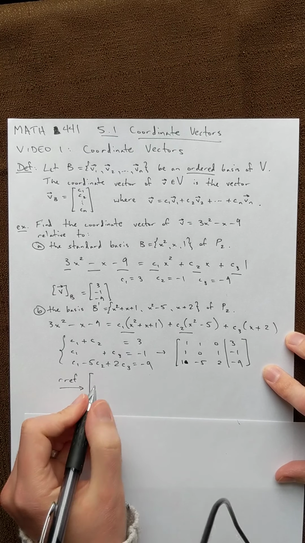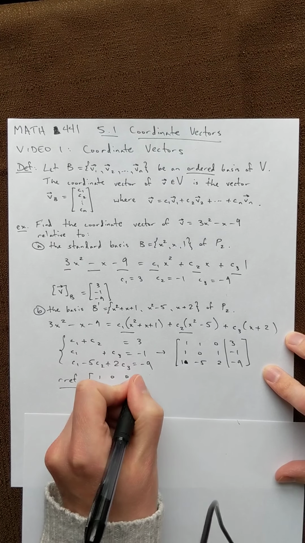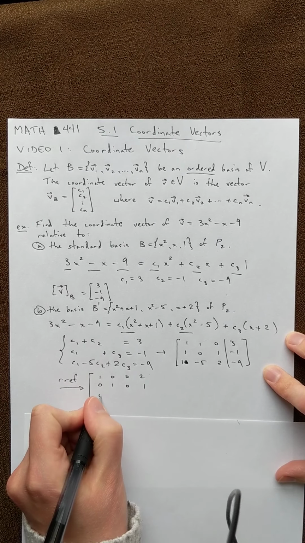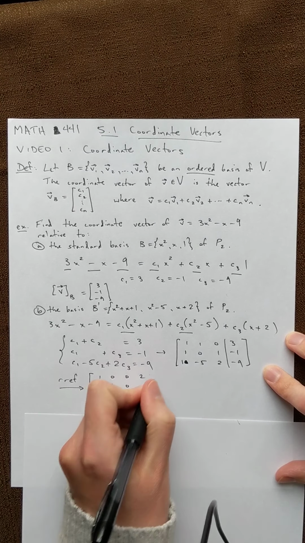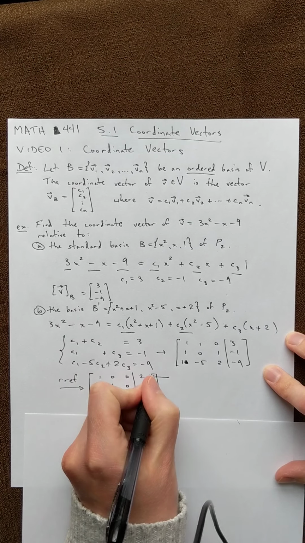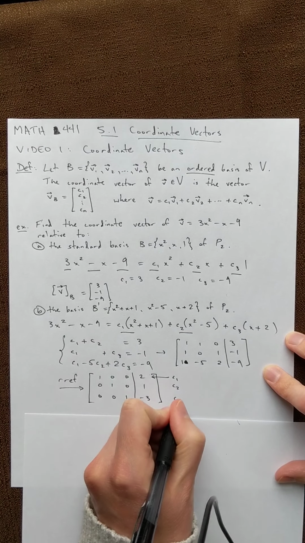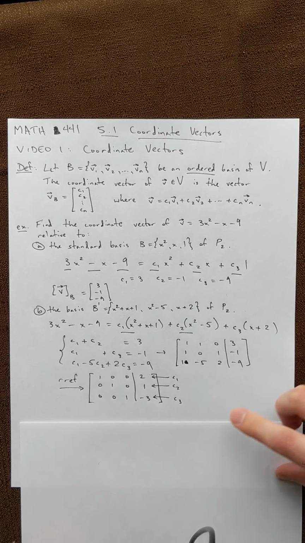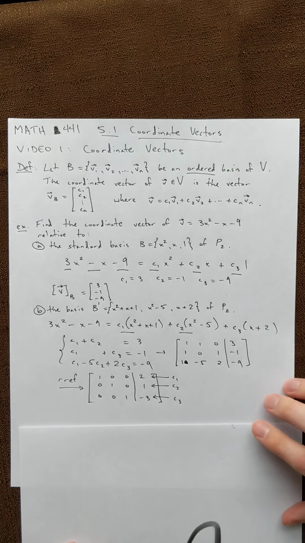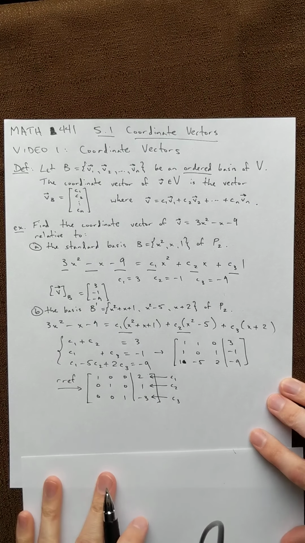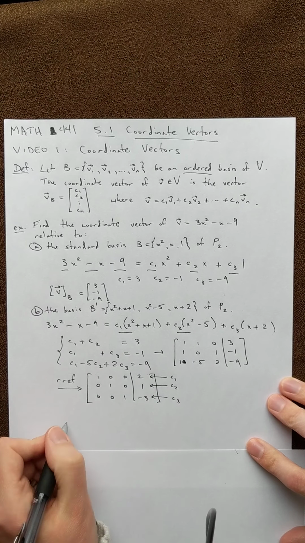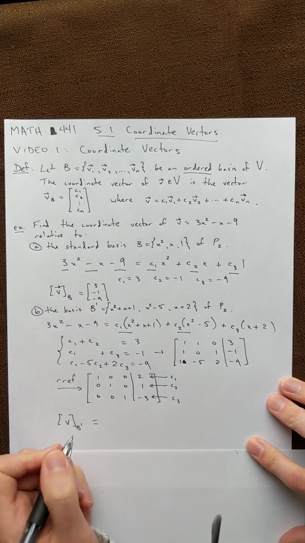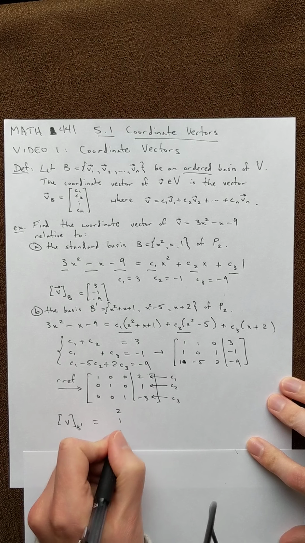If you just type that in a calculator, you get first row 1, 0, 0, 2, second row 0, 1, 0, 1, and third row 0, 0, 1, negative 3, which tells me that this is my C1, C2, and C3. Okay, so we've solved for our constants, and so we should be able to write the coordinate vector relative to this other basis, the B prime basis, which is going to be 2, 1, negative 3.